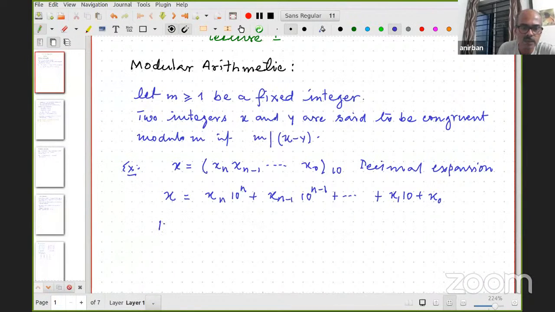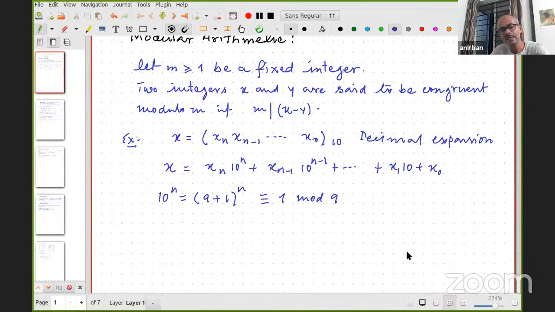Just observe that 10 to the n, you can write as (9 plus 1) to the n. If you expand it by the binomial theorem, then this is 1 modulo 9, because everything else in the expansion would be divisible by 9.